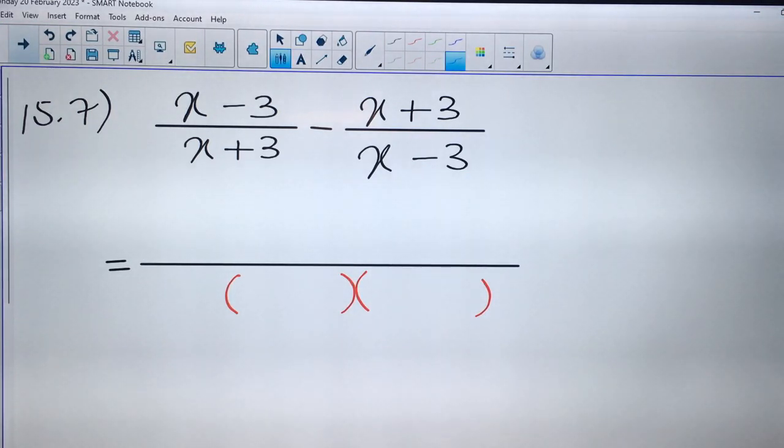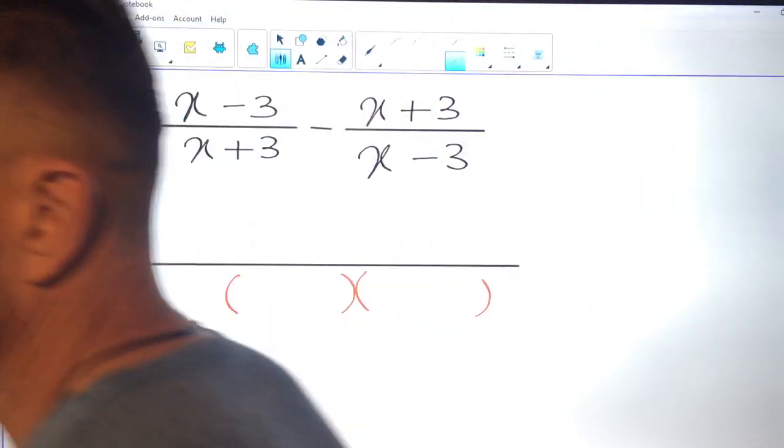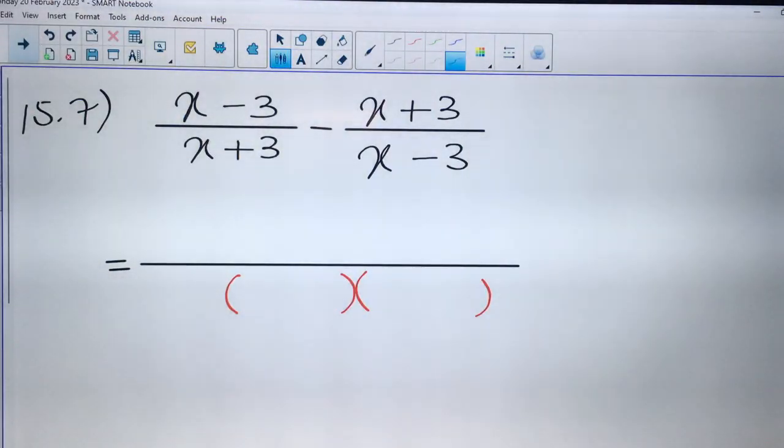So the first thing to get, the denominator. What is the denominator? x plus 3 and x minus 3. Both of them, that is correct, I like that.